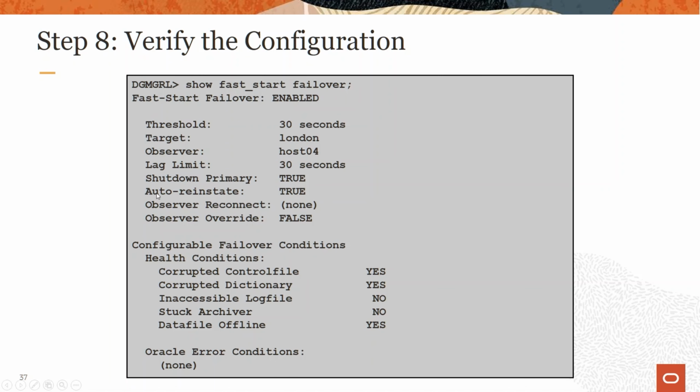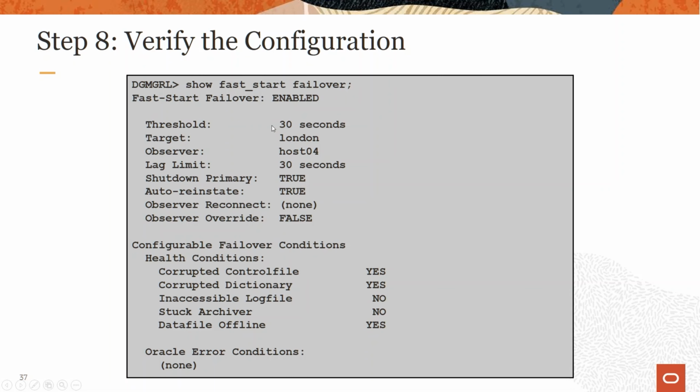We also have some of the operations that will be considered by fast start failover. After fast start failover, the primary database will be shut down, and the original primary database auto reinstated, and also observer reconnect, and also observer override. This one is disabled.